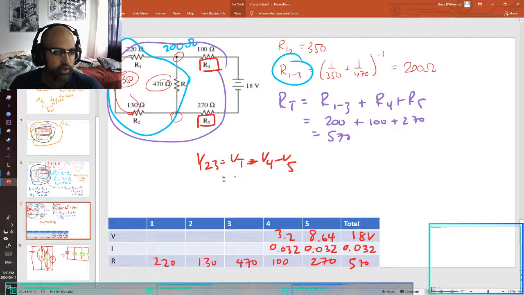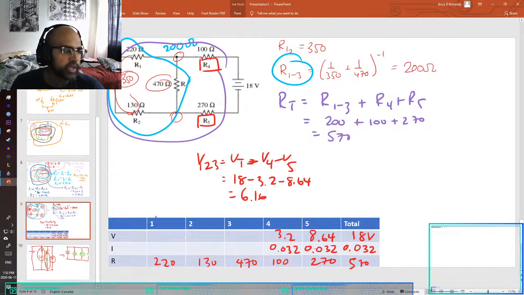So that is 18 minus 3.2 minus 8.64 equals, I'm getting 6.16 volts. That's how much volts for the rest of the circuit. Well, wait a second. Only one resistor on this path, so that means R3 gets all that remainder voltage, 6.16.